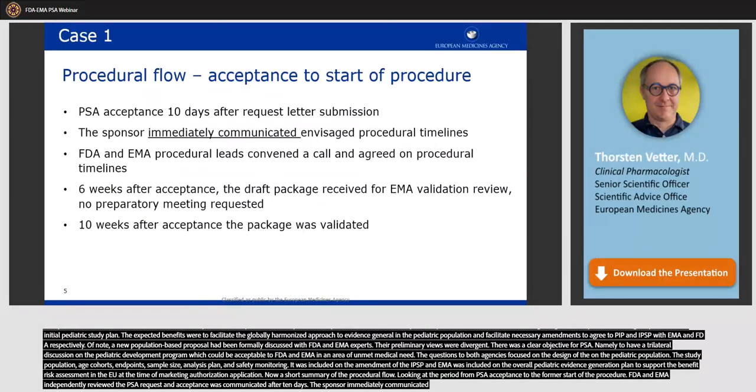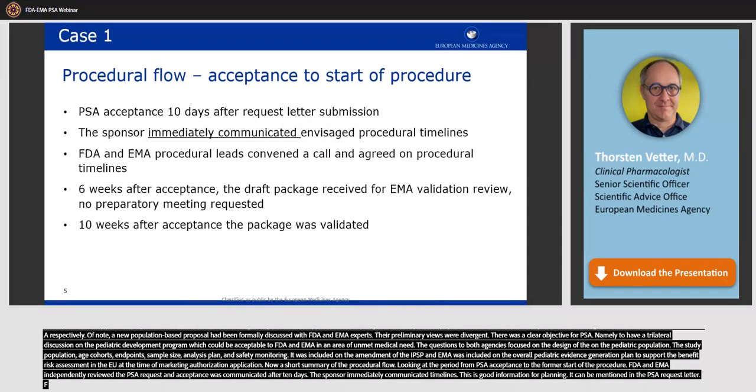This is critical information for planning and could ideally already be mentioned in the PSA request letter. FDA and EMA procedural leads swiftly convened a preparatory call and agreed on procedural timelines, including scheduling of bilateral and trilateral meetings.